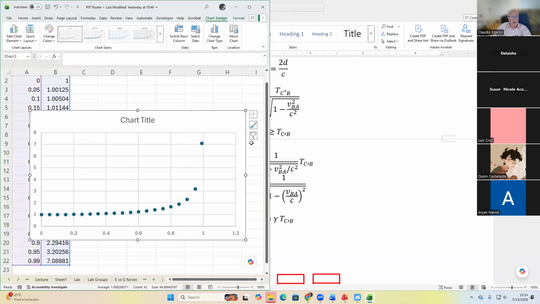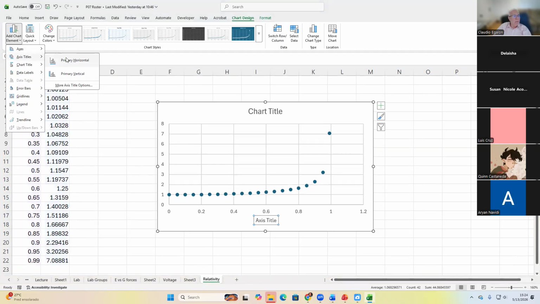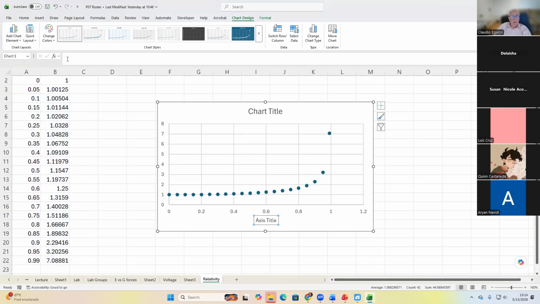And then we can plot it. That's how it looks. That's how gamma looks. And we can add a chart element. That's exactly what you're supposed to do in the labs. Axis title, primary horizontal.